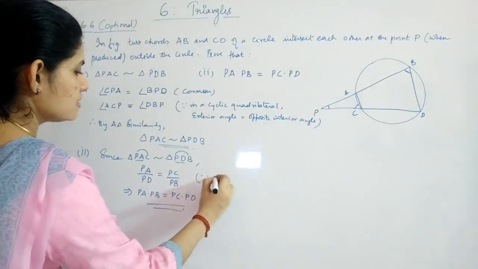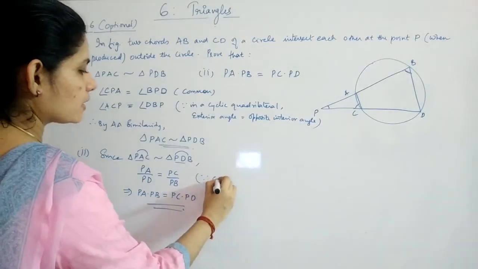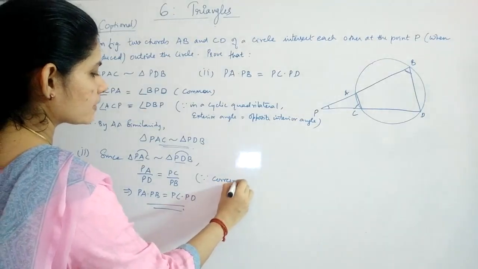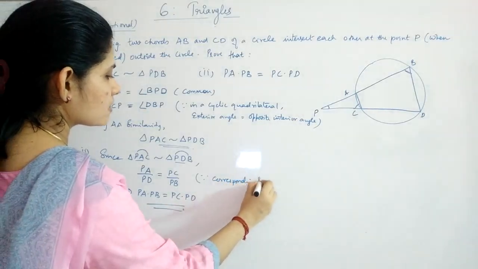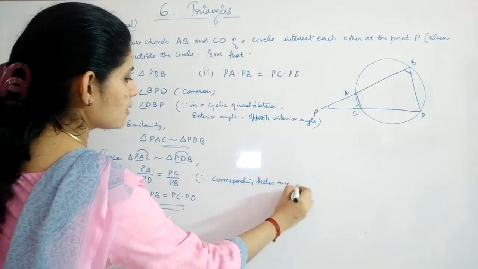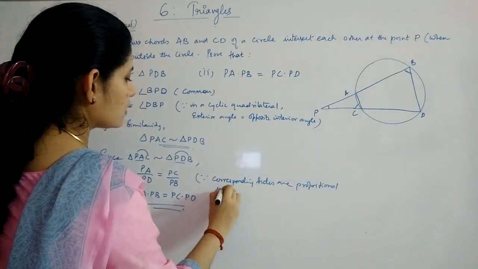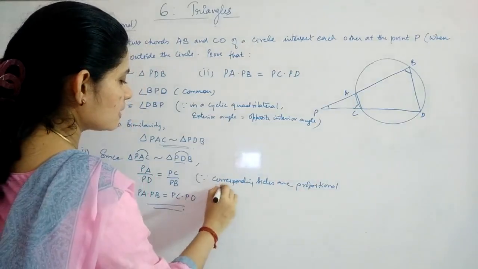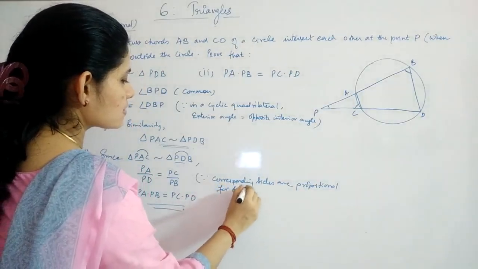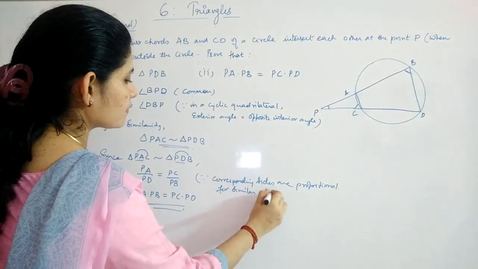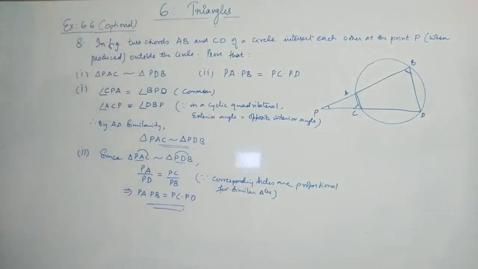And the reason is the corresponding sides are proportional for similar triangles. Okay.